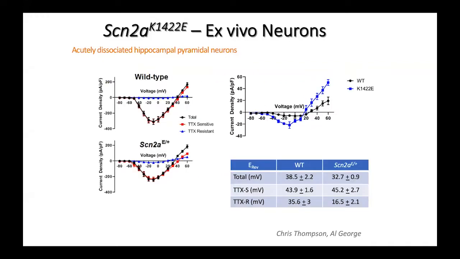So if you focus your attention over here on the right, Chris recorded showing the TTX resistant current blown up here, and you can see wild type has very little current, but with the K1422E mutation, you can see that there is some TTX resistant current.